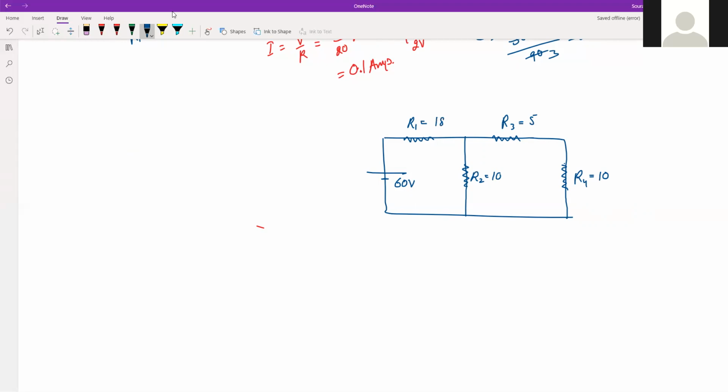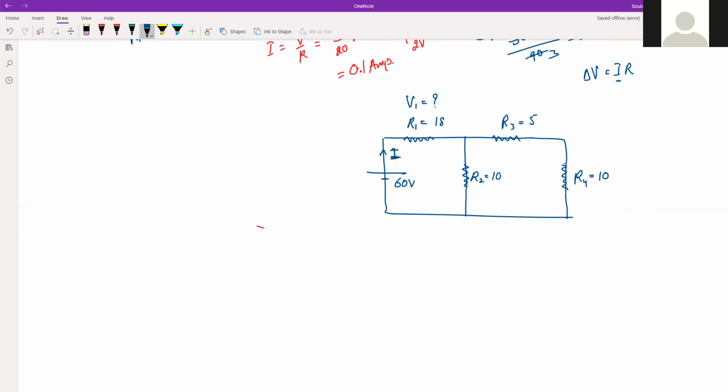And what we have to do here is, again, find the voltage drop across R1. What is voltage drop? Voltage drop is equal to I into R. So you have to find I, because you already know what is R.